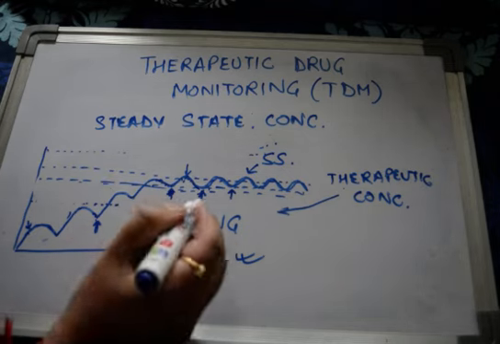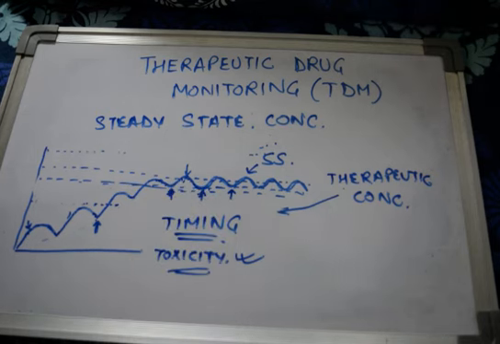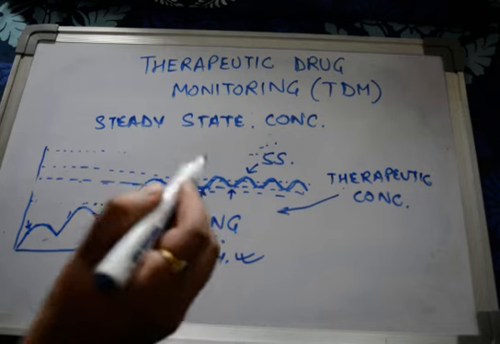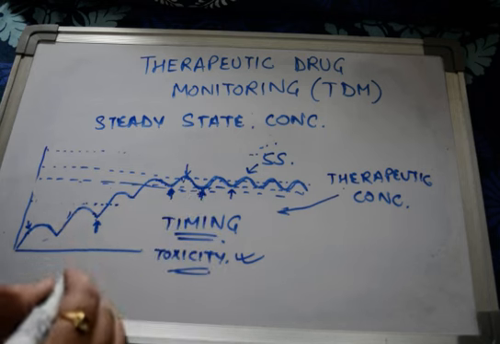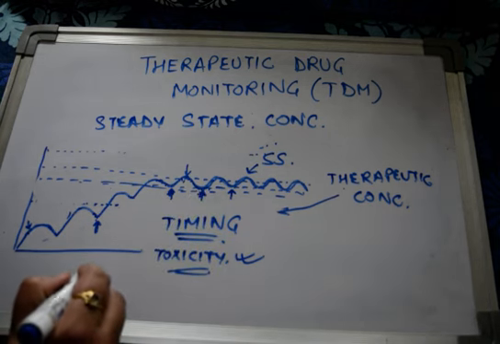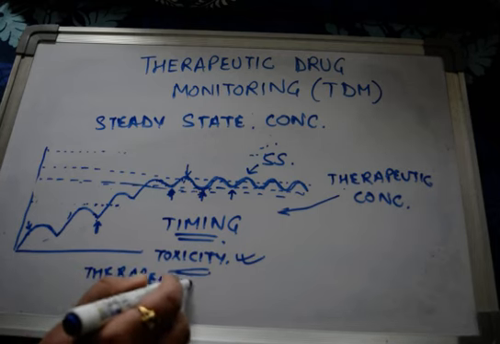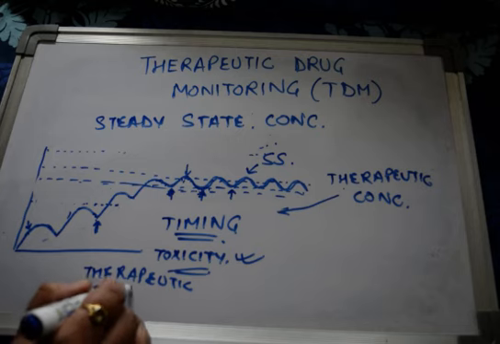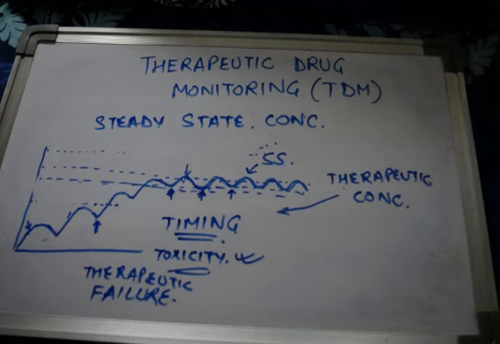Okay, and whenever you are about to give the next dose, means here at the bottom of this, then if you take the sample here, it will tell you about the therapeutic failure. I hope it is simple, and I hope you are getting what I am going to tell you.